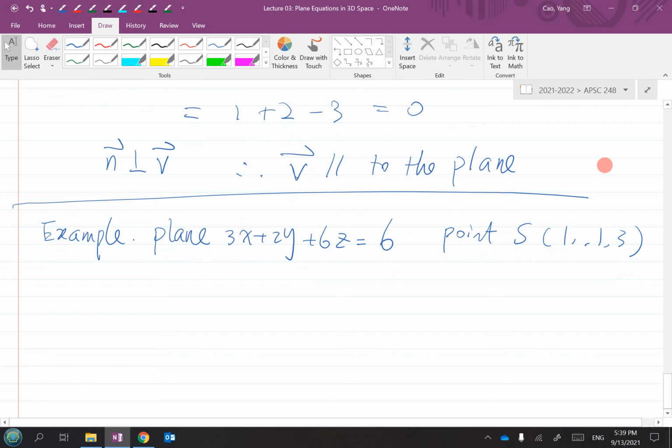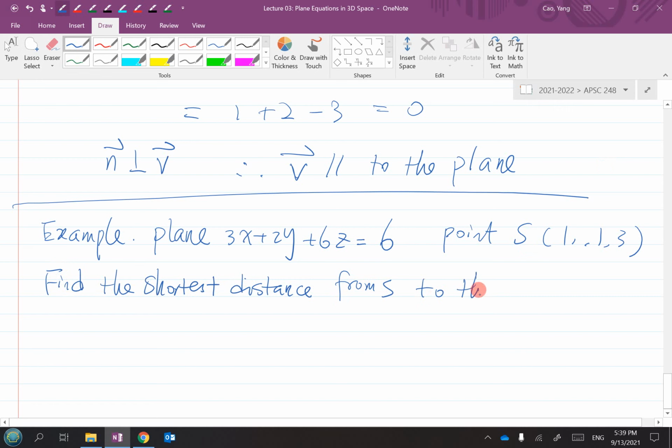We also have a point given. And then the question is to find the shortest distance from this point S to the plane.